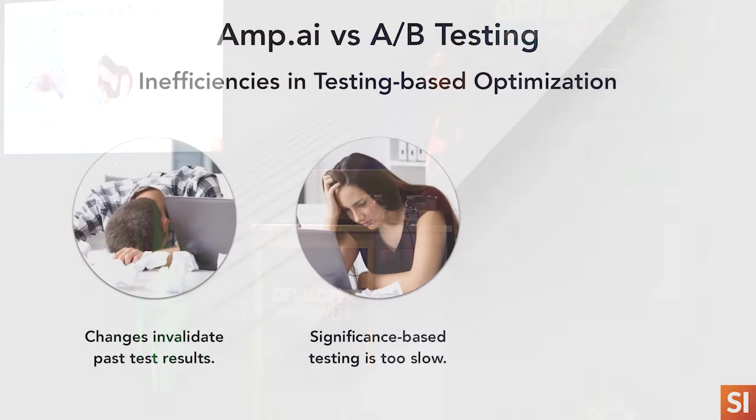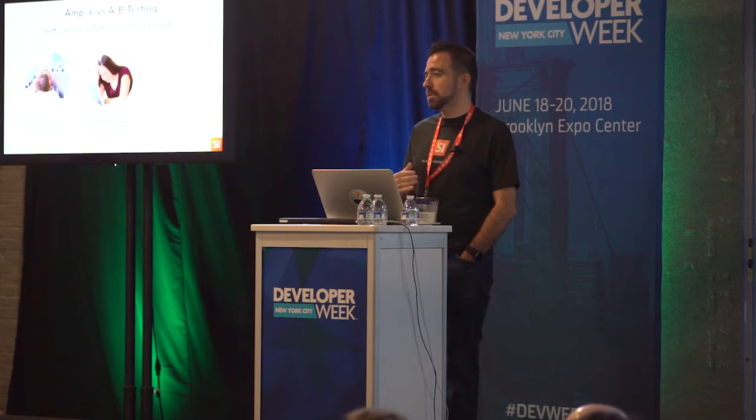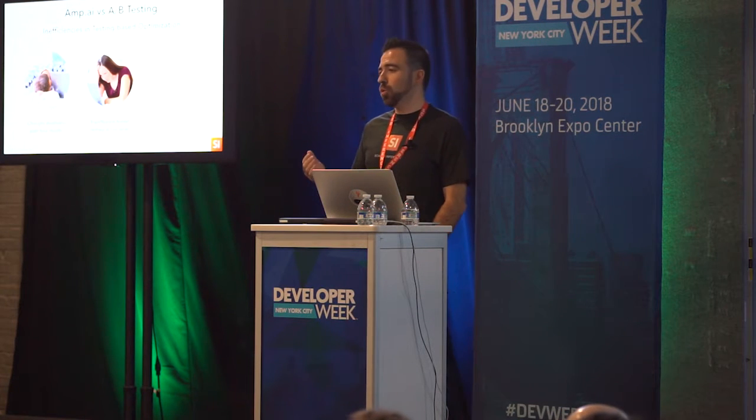Next, even if that wasn't an issue, it turns out that optimizing based on testing, based on statistical significance, is actually quite slow to begin with. One of the main reasons is that you typically control for the risk of a false positive, which is the risk of deploying a variant in production that actually does not have the improvement that you think it does.